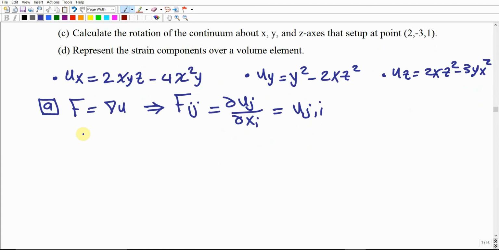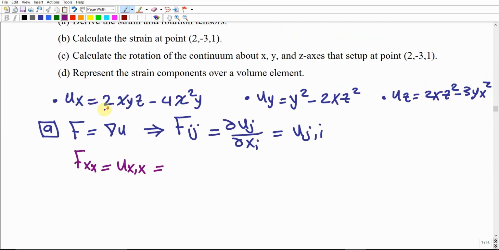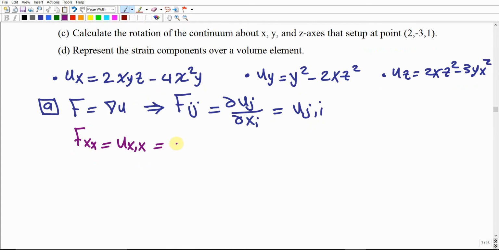So this means that, for example, if we are interested in Fxx, it should be Ux comma x. Your objective is just to differentiate Ux with respect to x. We have Ux, Uy, Uz, so we find the derivative of this function with respect to x. The first term will be 2yz, the second term will be negative 8xy.